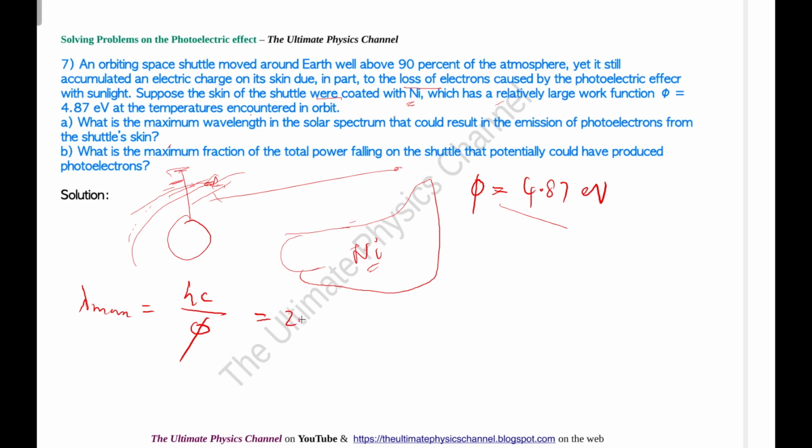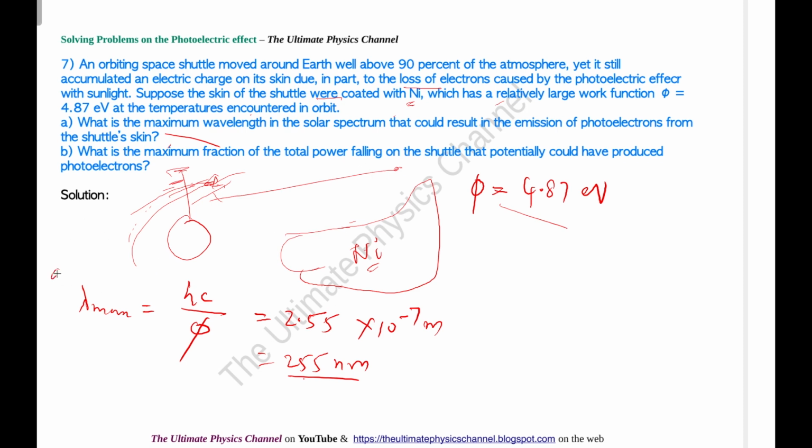That is, you get about 2.55 times 10 to the power minus 7 meters, or 255 nanometers, for lambda max. Now, that is a maximum wavelength, right? So the first part is done.